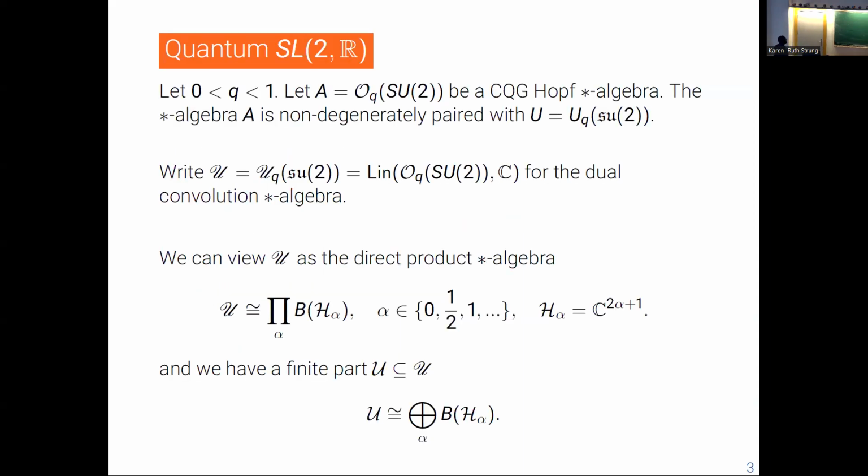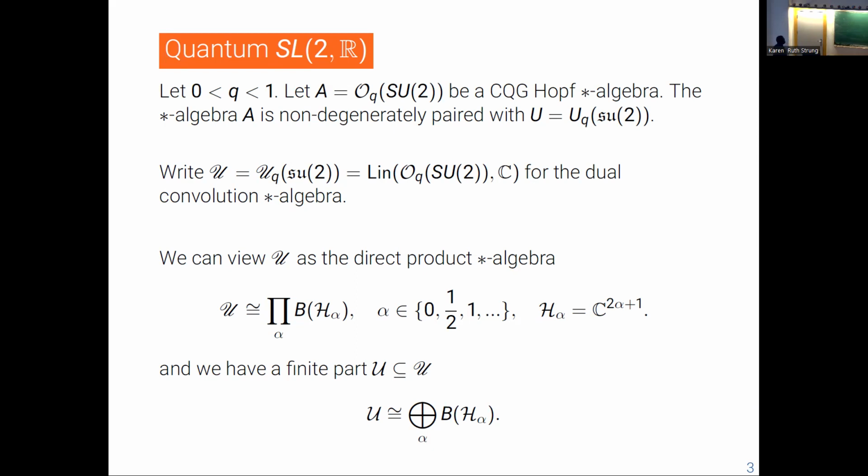We start with this Hopf star algebra for QSU2, which is the compact quantum group star algebra generated by alpha, beta, and gamma satisfying some commutation relations. And we know that it is non-degenerately paired with this Hopf star algebra.